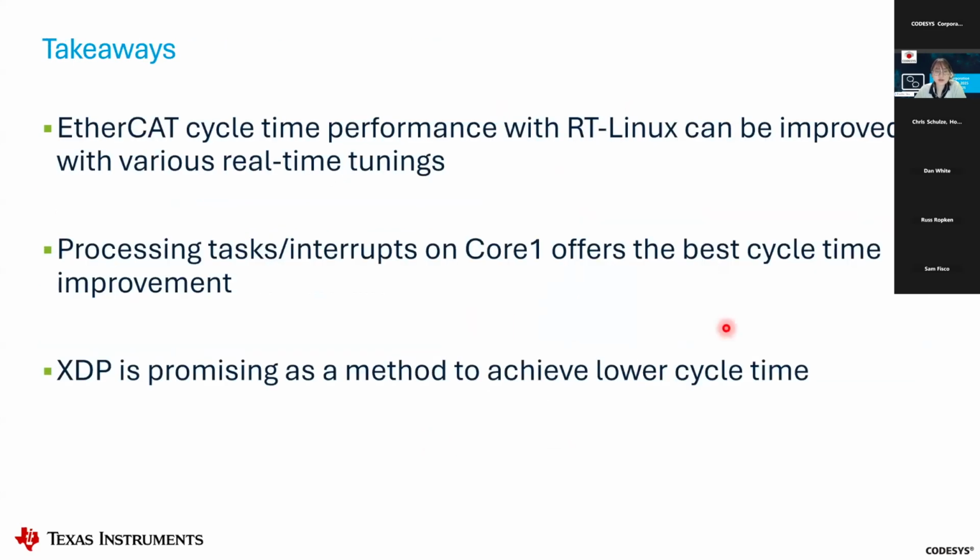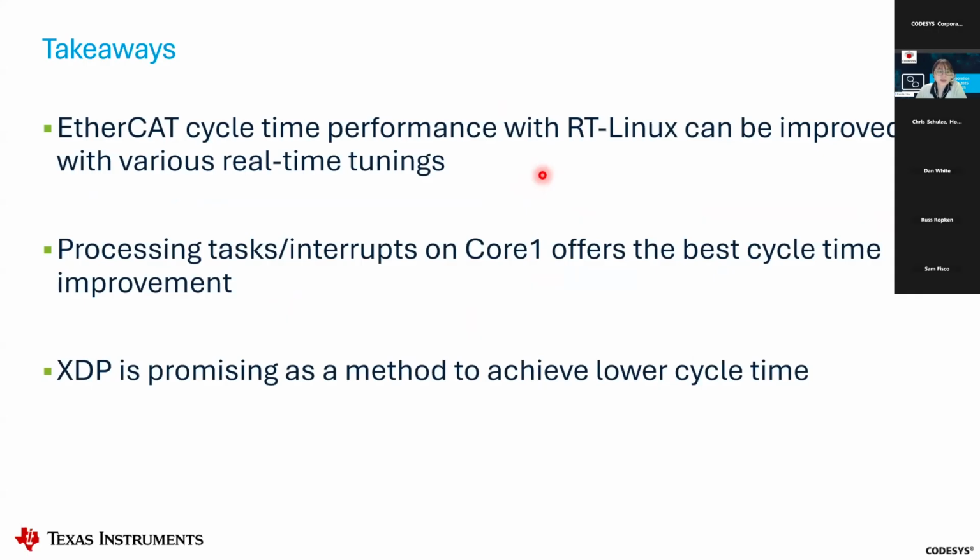And so I just want to end off my presentation with some key takeaways. First, baseline EtherCAT cycle time can be improved with various real-time tunings, as I've shown in my optimizations slide previously.